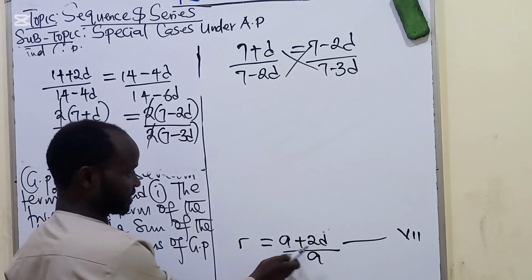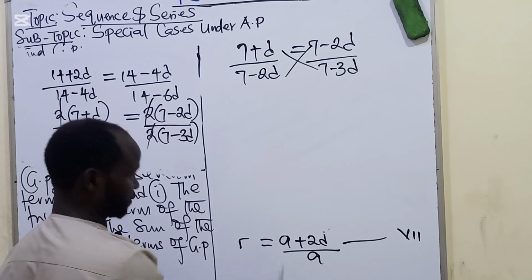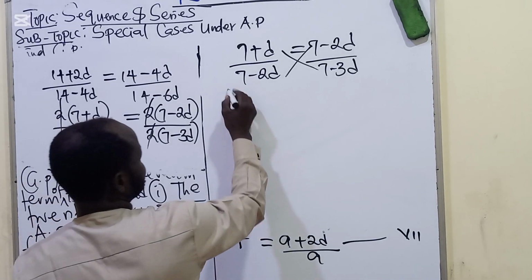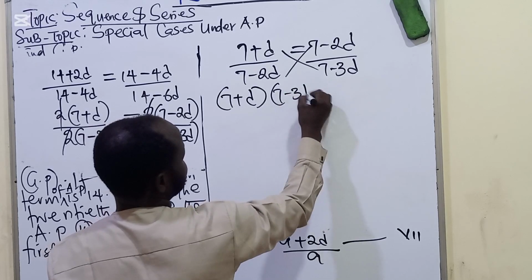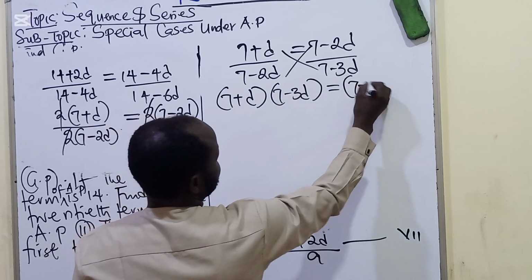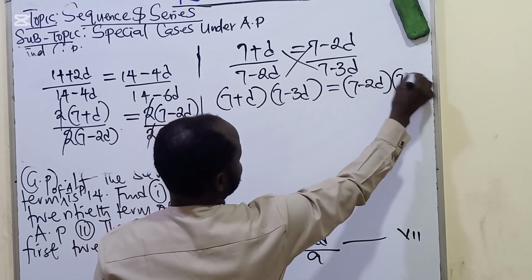And if you know d, we can get the common ratio here. Okay, let's cross multiply. That will be 7 plus d, 7 minus 3d, then 7 minus 2d, then 7 minus 2d.